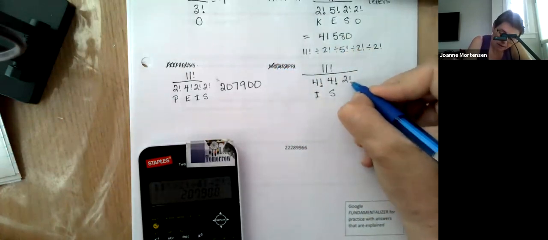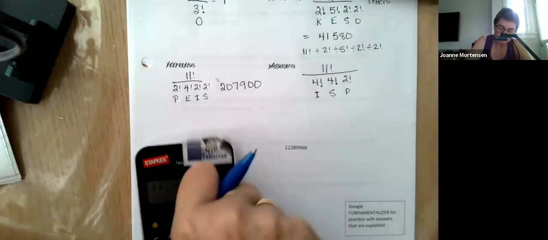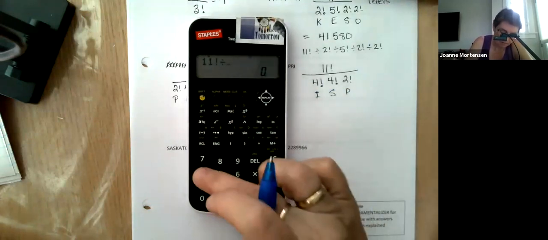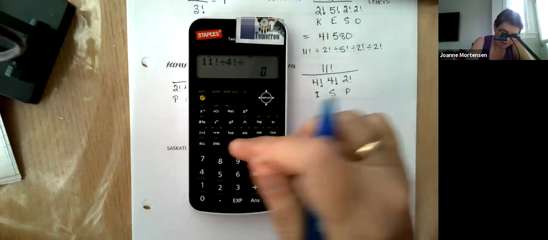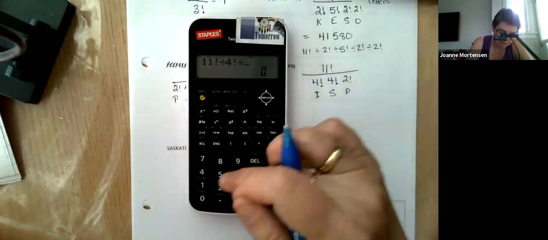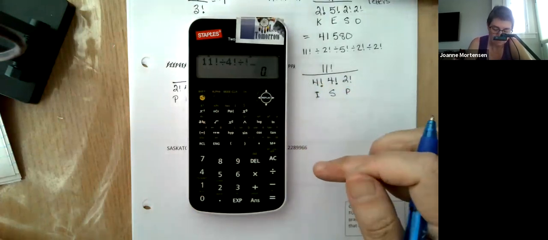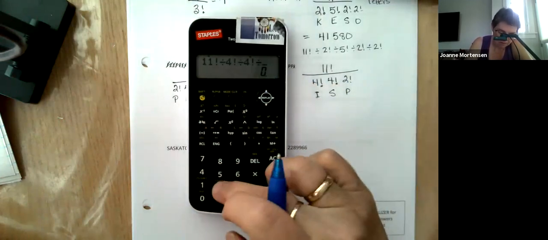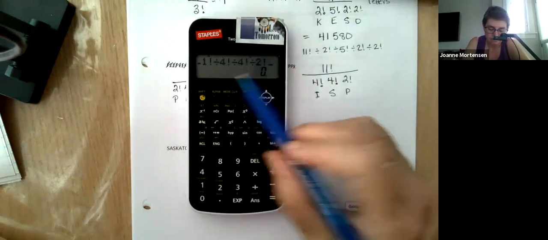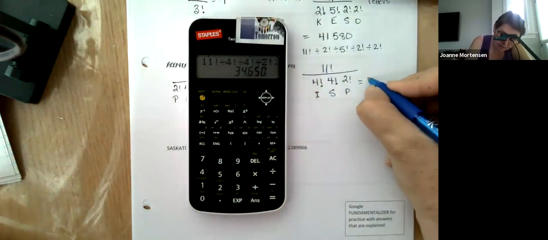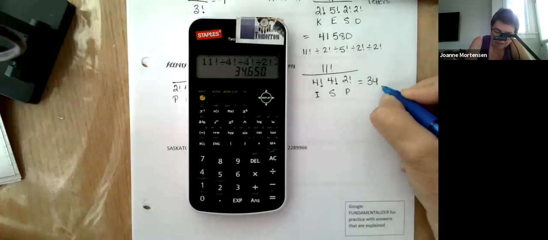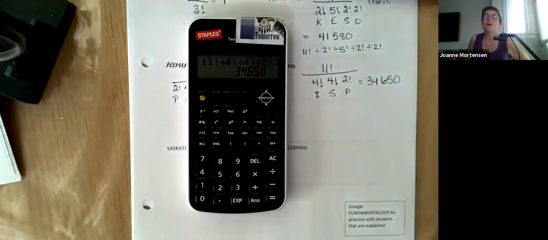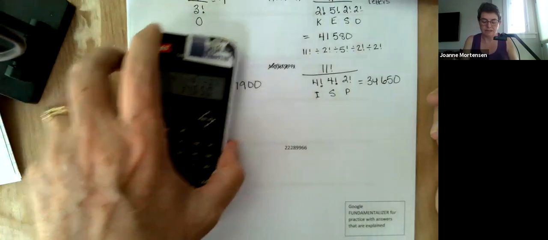And then we have 2 factorial for the P's. Factorial, divide by 4 factorial, divide by 4 factorial. Oh, now I messed it up. Divide by 2 factorial. And there we go. 34,650 different ways that you can rearrange the letters of Mississippi.